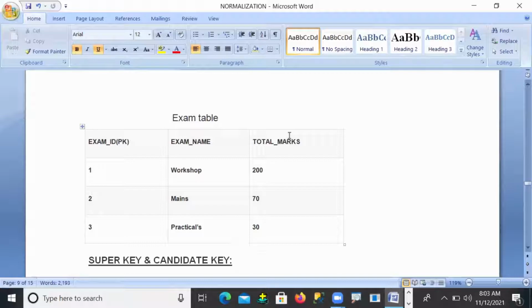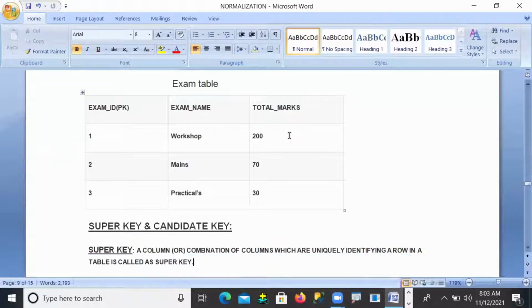Then it will be split, decomposing your tables successfully, and we maintain two tables with a primary key and foreign key relationship. So this is how to remove transitive dependency columns.